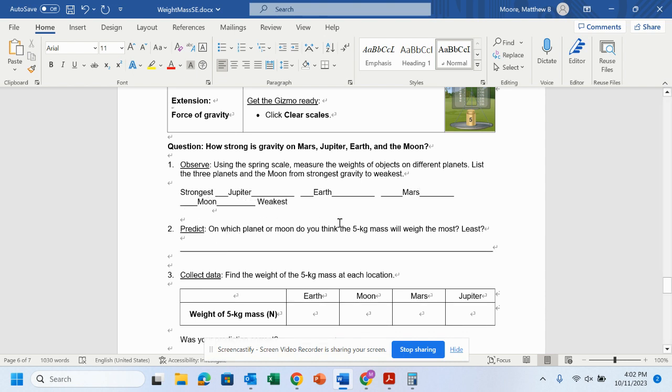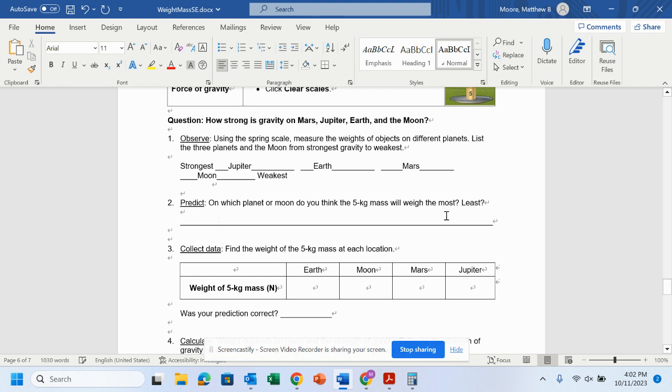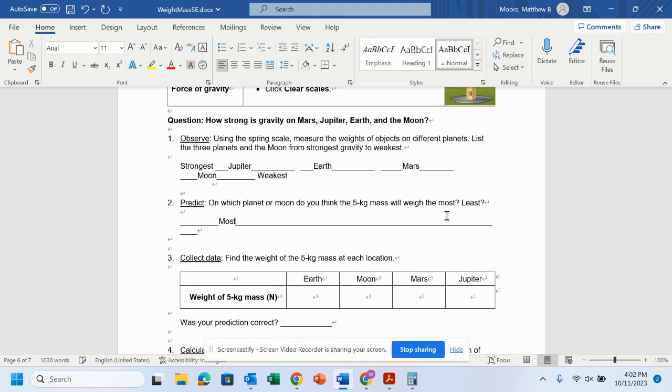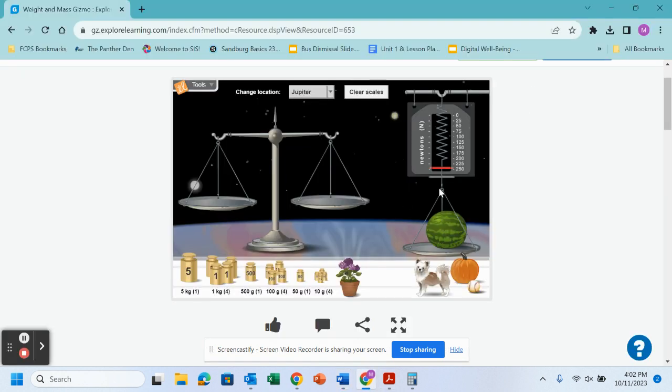On which planet or moon do you think the 5 kilogram mass will weigh the most or the least? So I predict that most will be on Jupiter, and least on the moon. So let's put that prediction to the test.